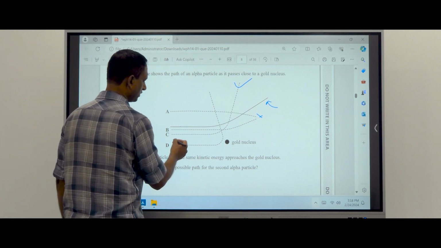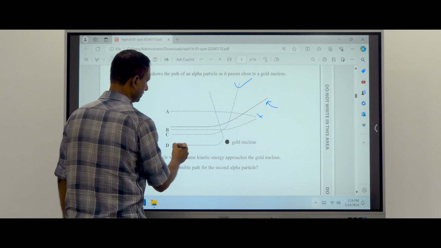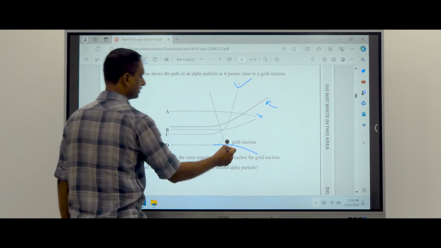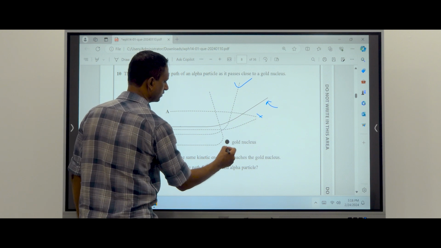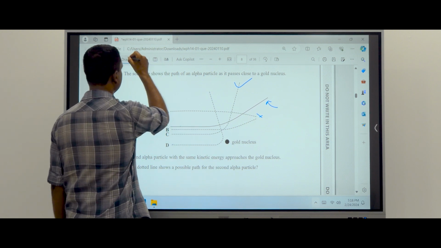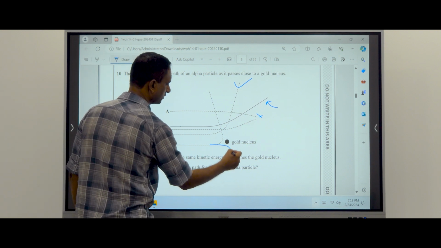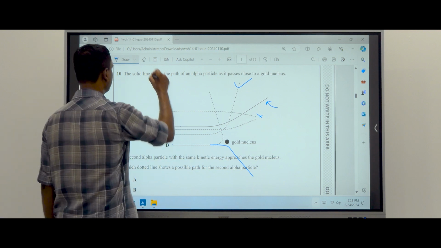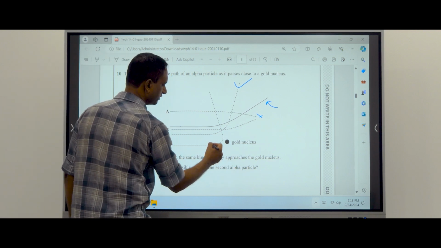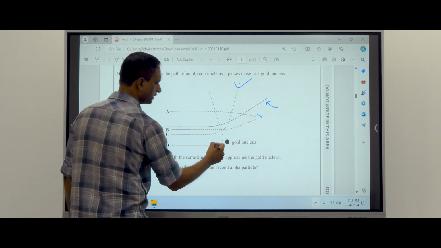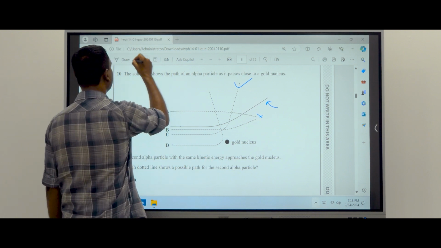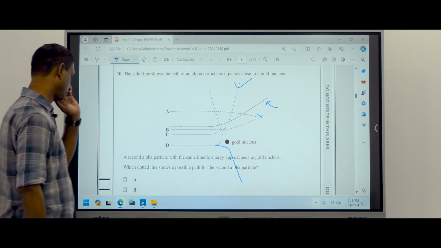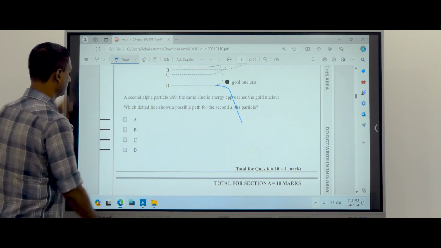D is not coming directly towards the gold nucleus. It should deflect like this. More deflection should be there, since they are very close. The deflection is largest but in the other direction. Therefore, the correct answer is C.